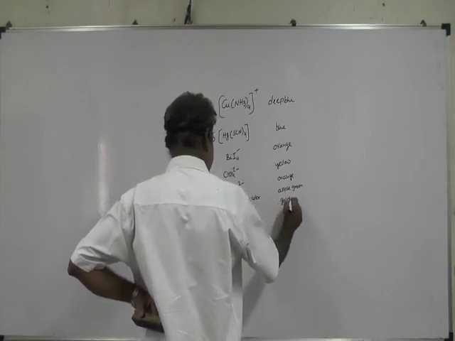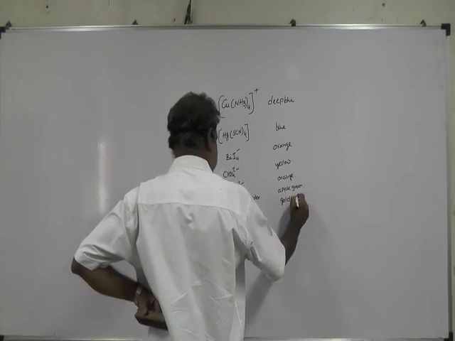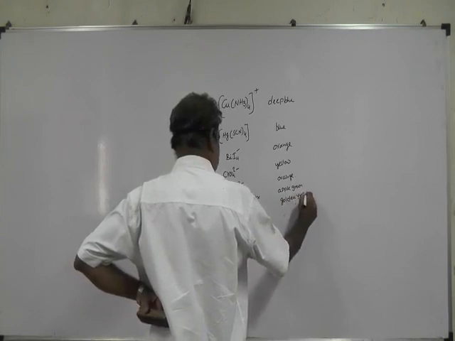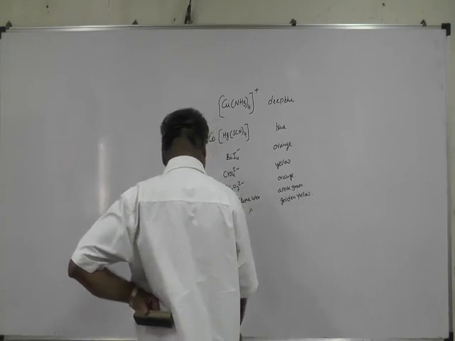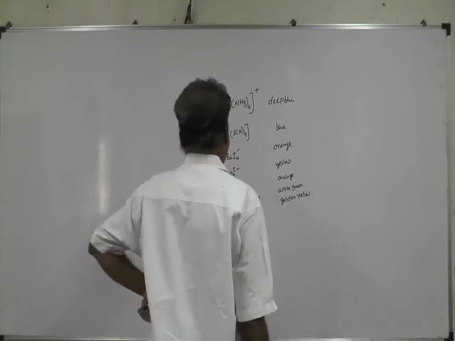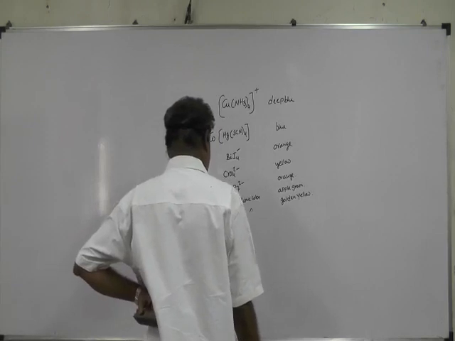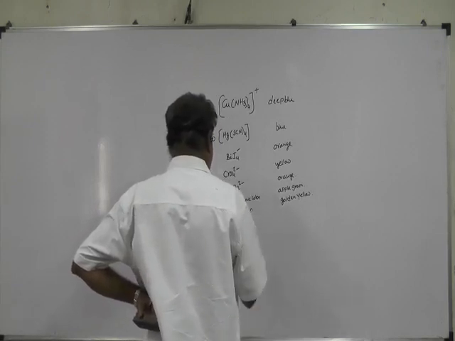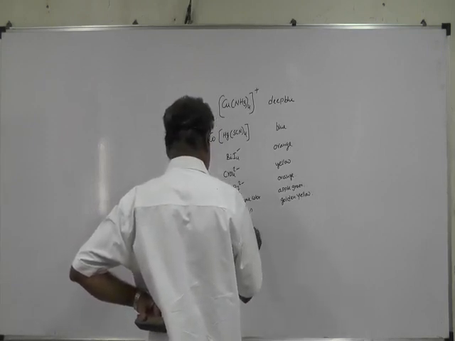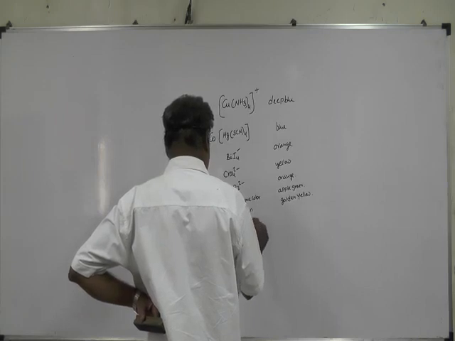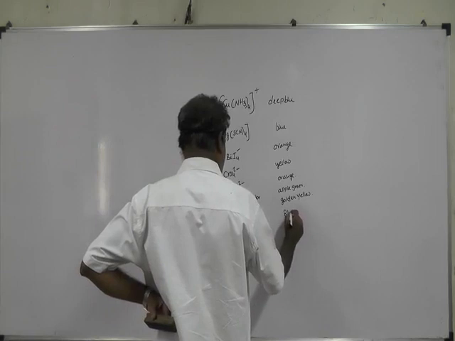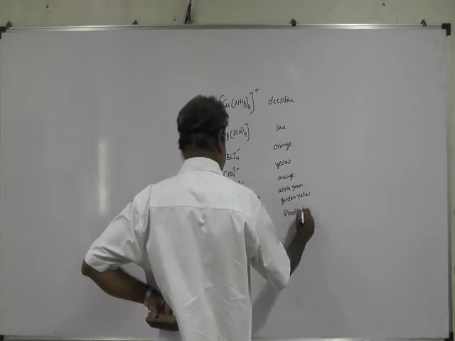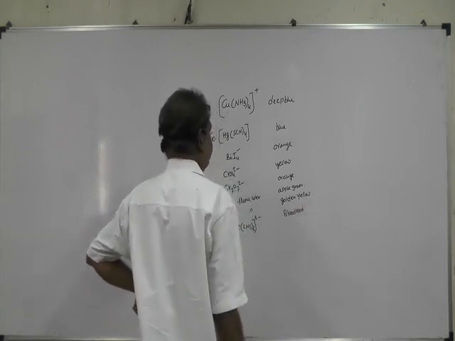That's all, only these two I know. Fe SCN 6 times 3 minus, blood red.